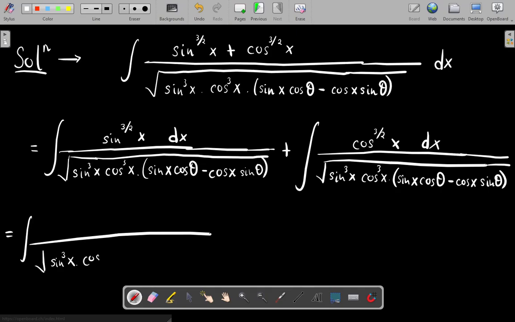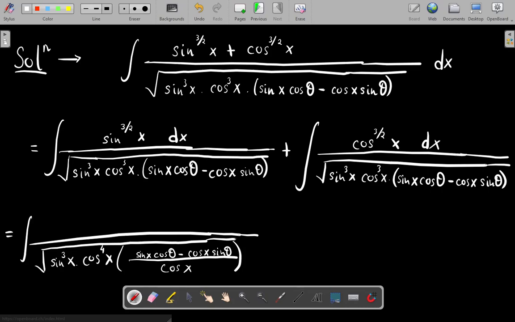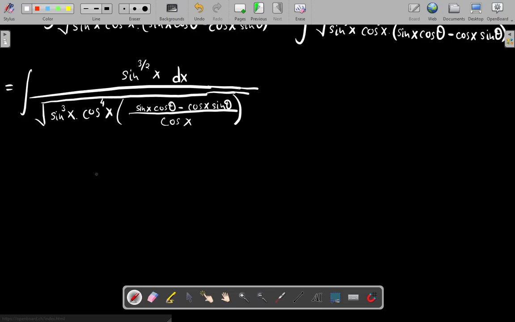That is, I am rewriting it as cos^4 x, and I'm going to divide this by a cos x, that is, (sin x cos θ minus cos x sin θ), the whole thing divided by cos x. The numerator is kept as it is. This is for the first integral.